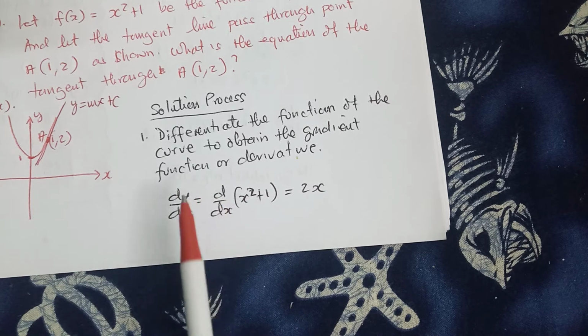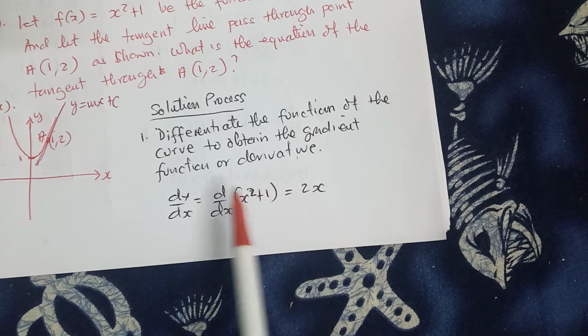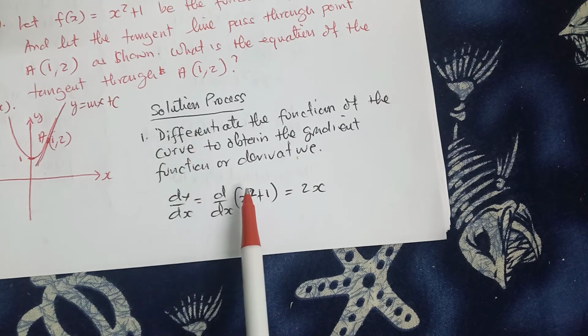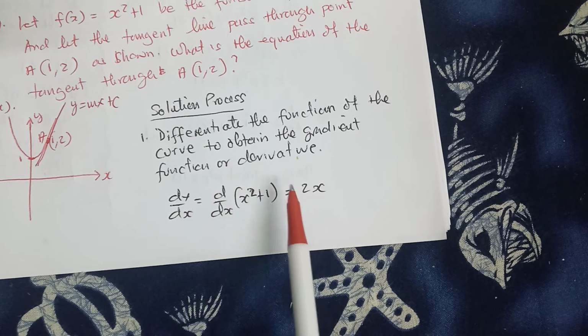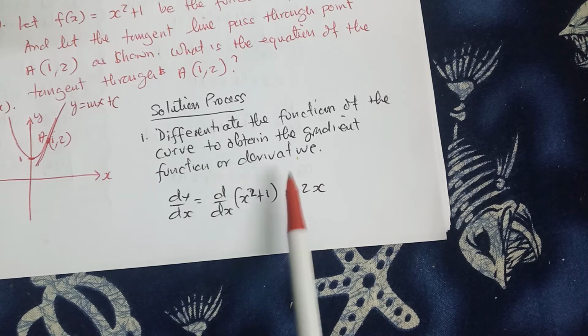We differentiate it to obtain the gradient function so that we can substitute the x coordinate of point A to obtain the slope of the tangent line, because we need the gradient and a point to construct the equation of the tangent.